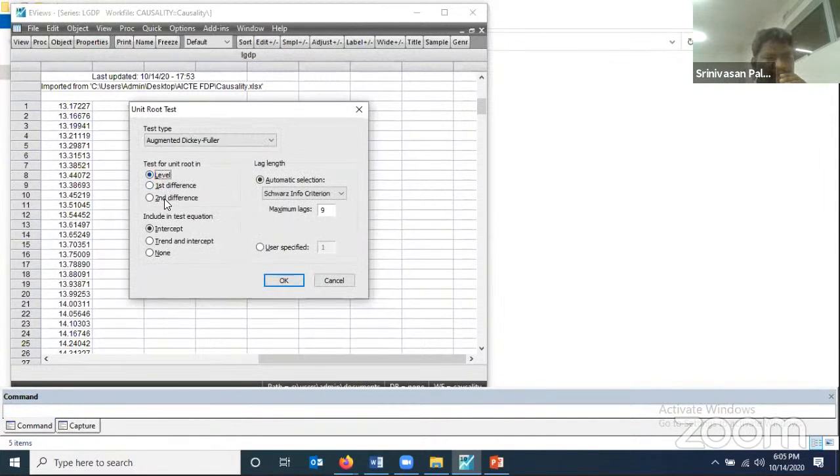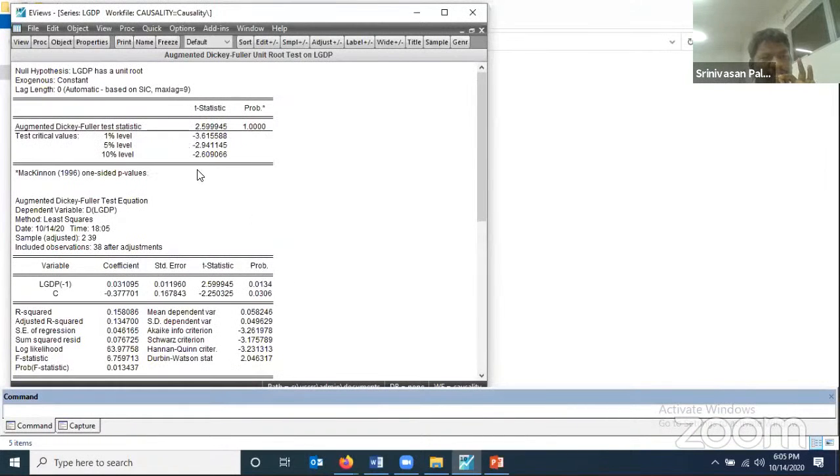I click level and intercept, and click OK. You can see it is 2.59. Is it significant or insignificant? It is not significant.